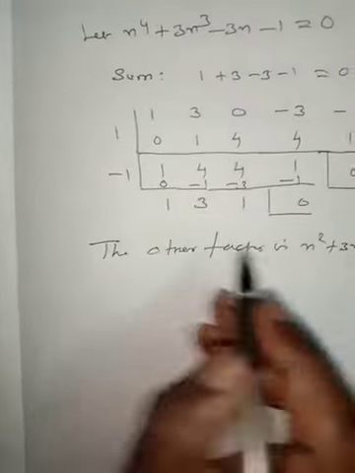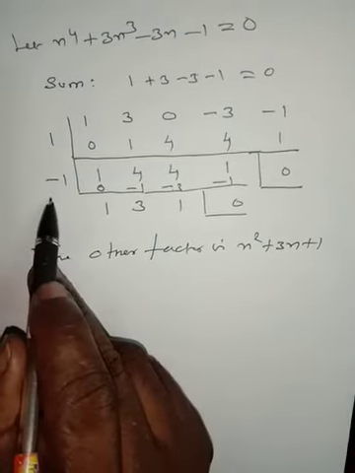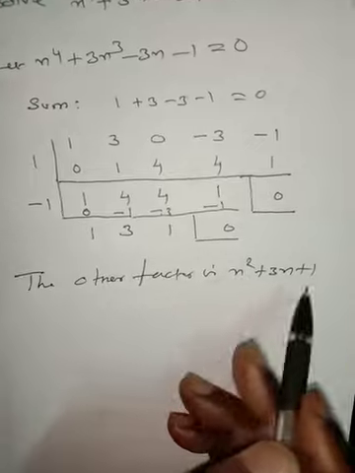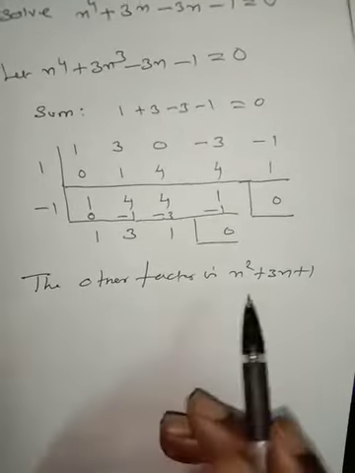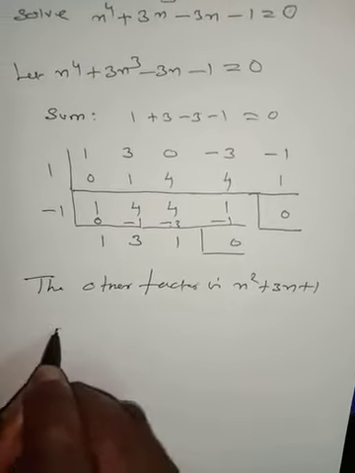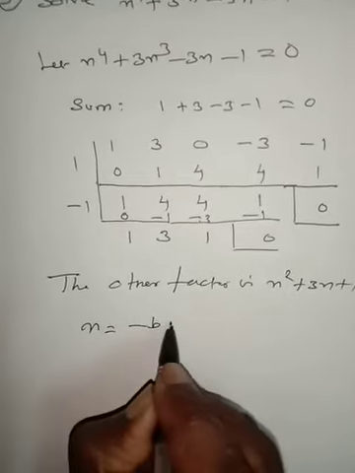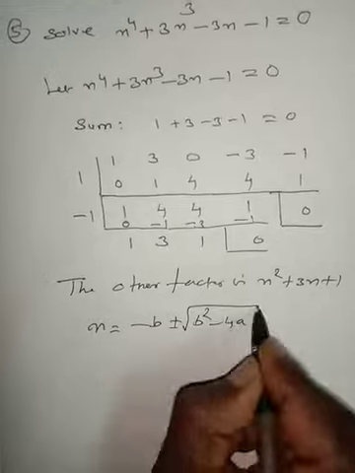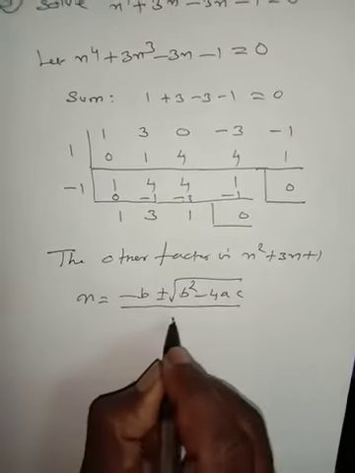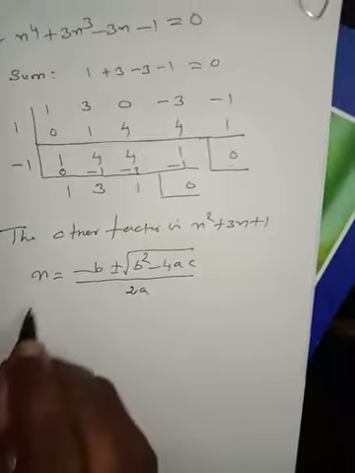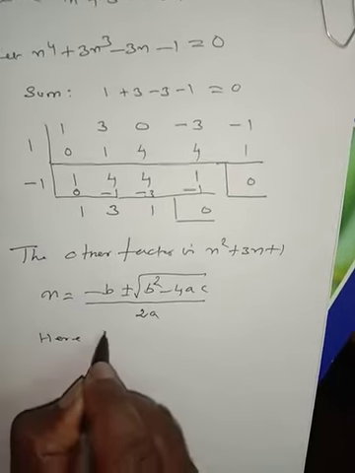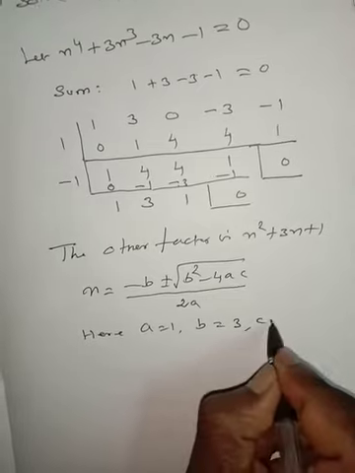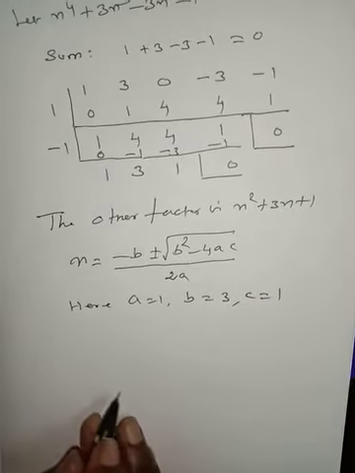Now, one root is 1, another root is minus 1. We have to find two roots, then totally 4 roots. Now, x is equal to minus b plus or minus root of b square minus 4ac divided by 2a. Here, a is equal to 1, b is equal to 3, c is equal to 1.